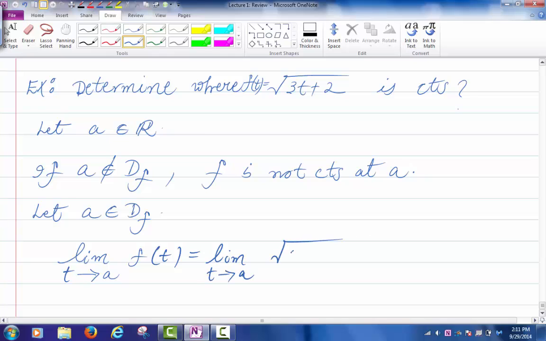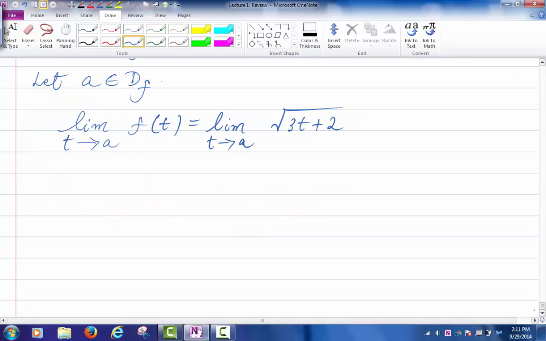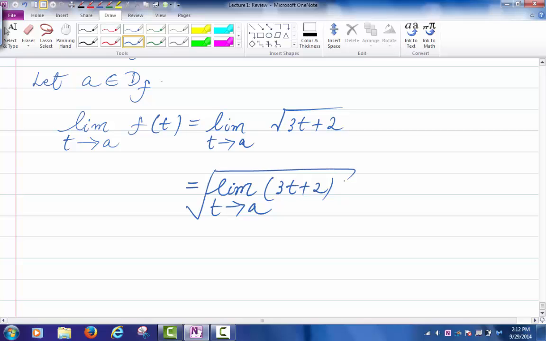the root function 3t plus 2, and because this quantity is defined at a, how do I find the limit? When we talked about limits, we said when we have roots like this, we can take the limit inside, right? So we take the limit of 3t plus 2 as t goes to a, and then we take the root of that, right?